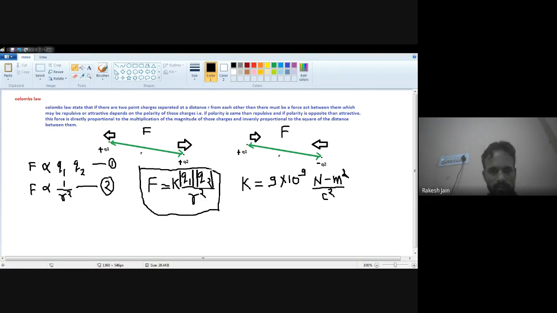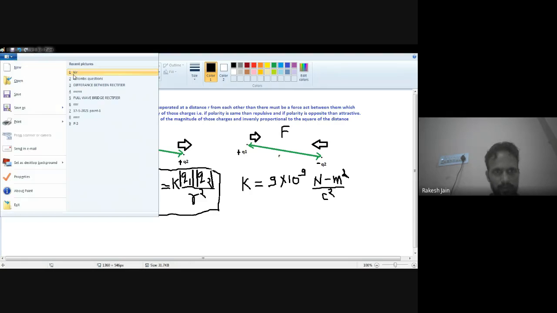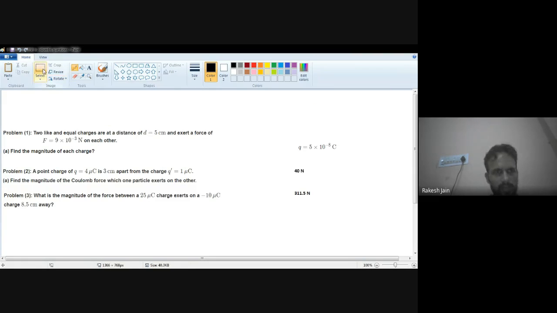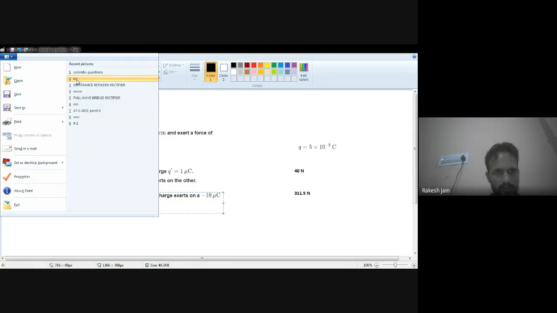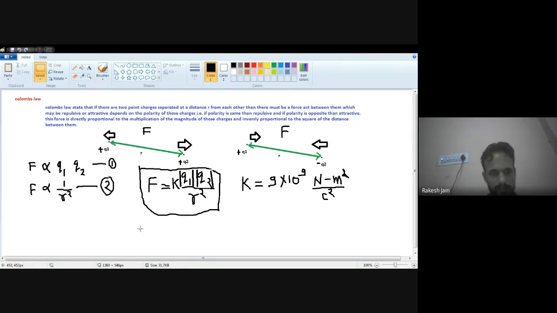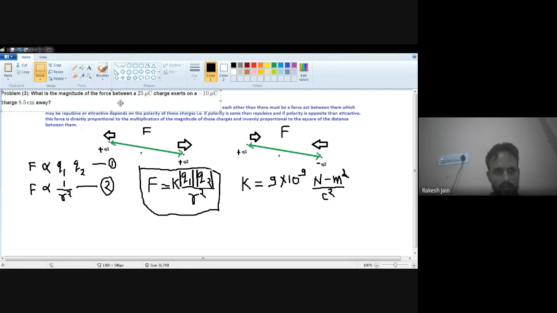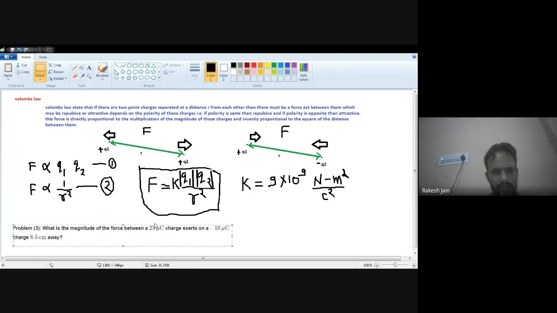Now we solve certain numericals. Let's suppose I have a numerical problem number three.